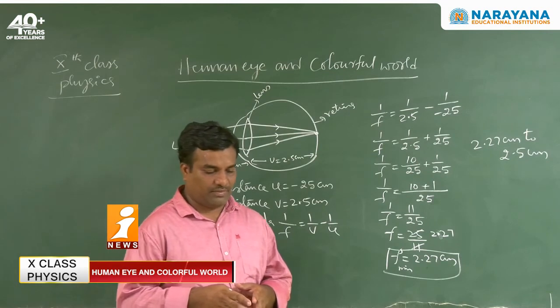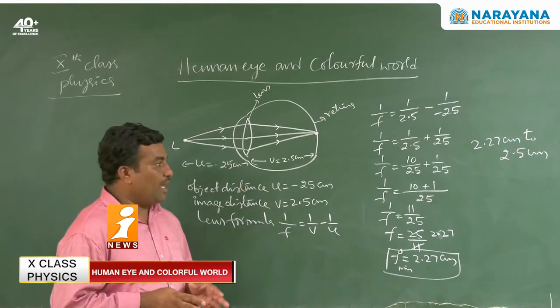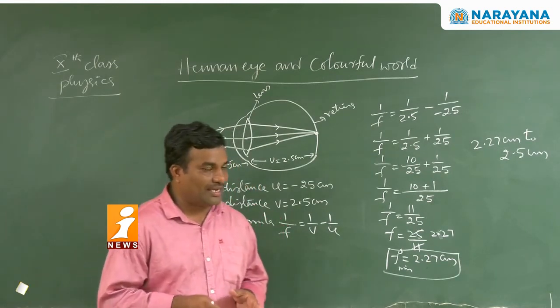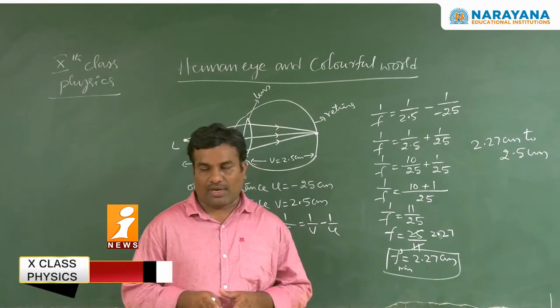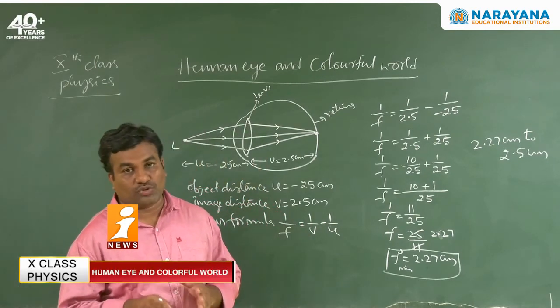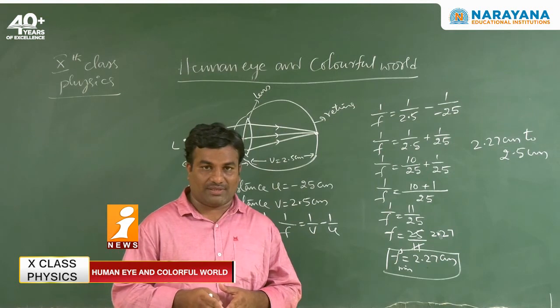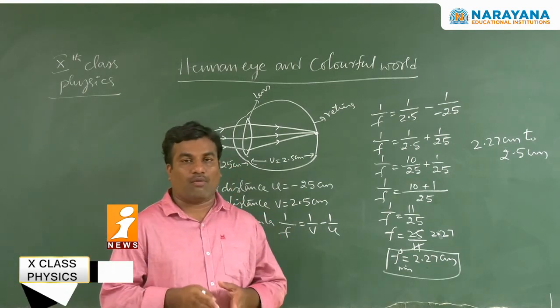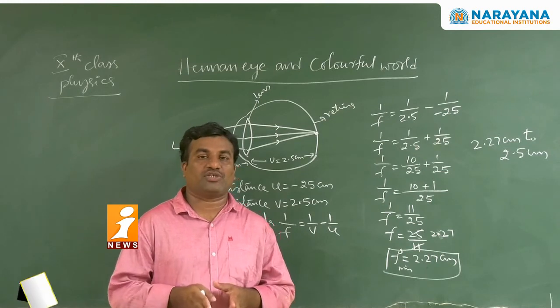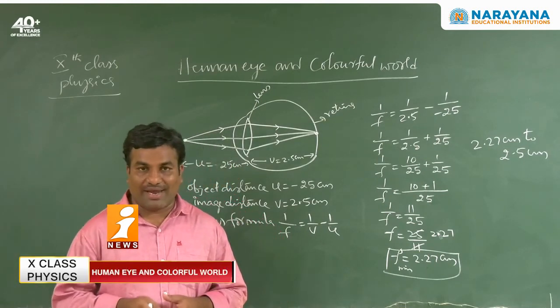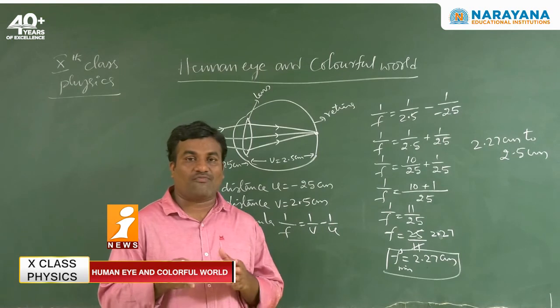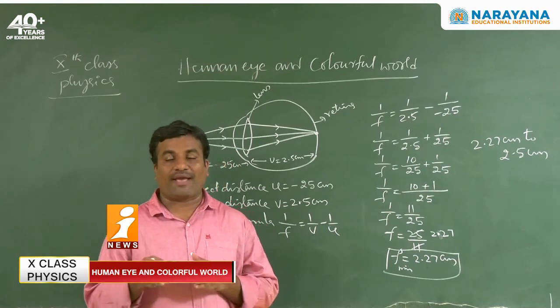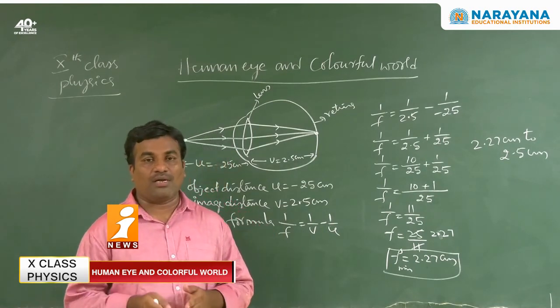This process means what? The ability of the eye lens to change. The ability of the eye lens to change its focal length from maximum to minimum is called accommodation.